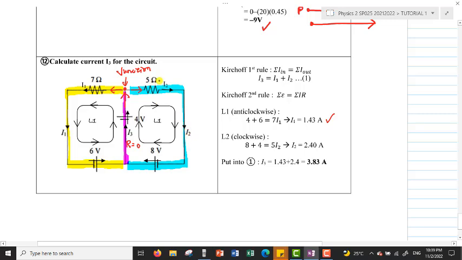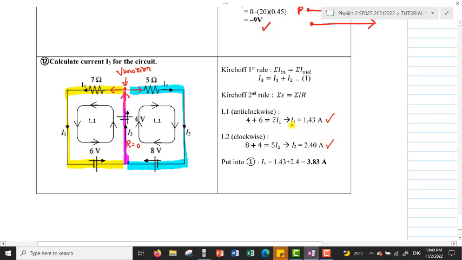I2 will pass through the 5 ohm resistor, so we have positive 5 I2. For I3, we do not have any resistance along the circuit path where the current I3 flows through. So this will be our equation for loop 2. We can solve for the unknown I2, and we get the current I2 is 2.40 ampere.